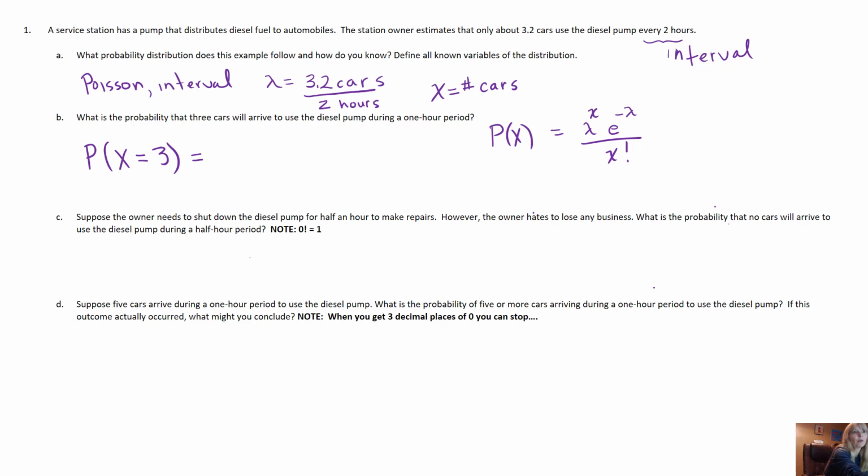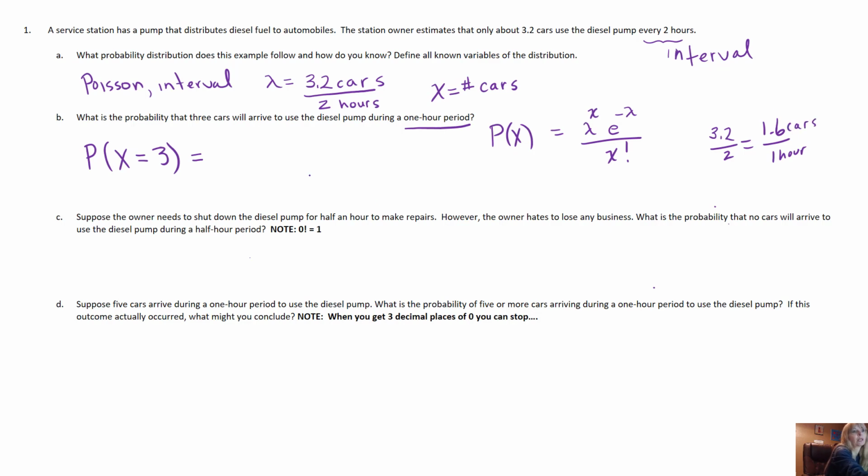We can look up there and we see lambda is 3.2 over 2 hours, but this wants it over 1 hour. So if it's 3.2 cars for 2 hours, then if I simply divide 3.2 in half, that would be the average per 1 hour, so cars per 1 hour.